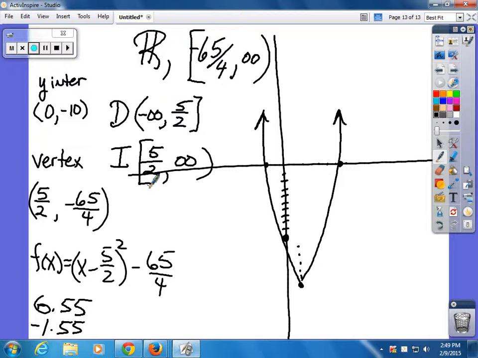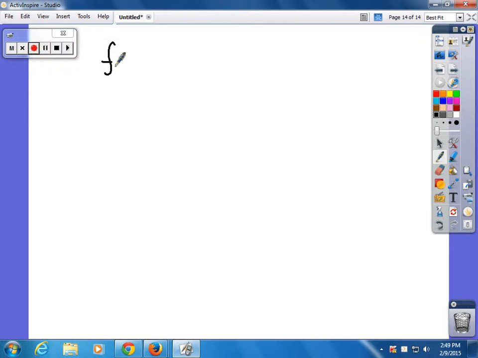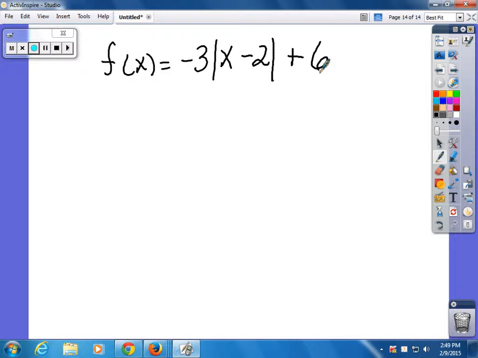We also went over some family graphs that you can't use quadratic, complete the square with, but if it's given to you, you should be able to sketch it. Sketch that one.